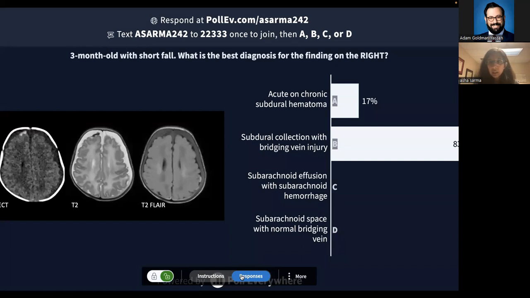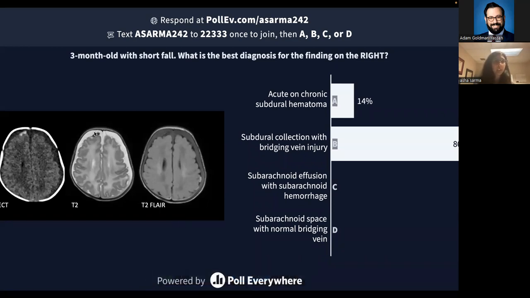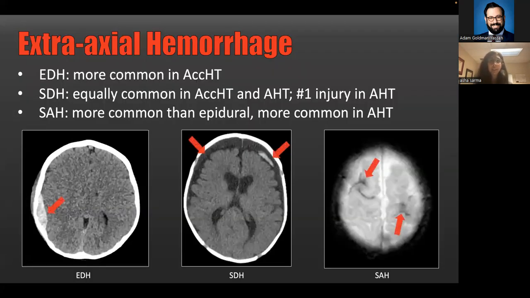Well, the correct answer is subdural collection with a bridging vein injury, and we'll talk about this in a minute. So this is a subdural collection. It's got a tadpole sign here that you can see. You can also see that there was a contralateral subdural collection. So good job on not taking the bait and calling it acute on chronic, because that's something we see a lot and that can be problematic.